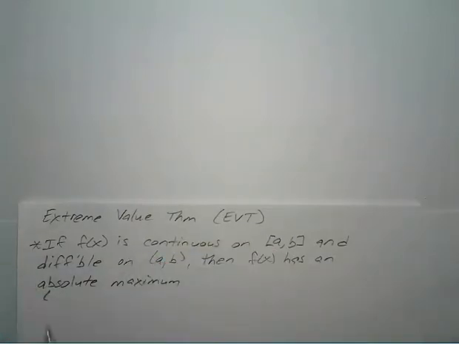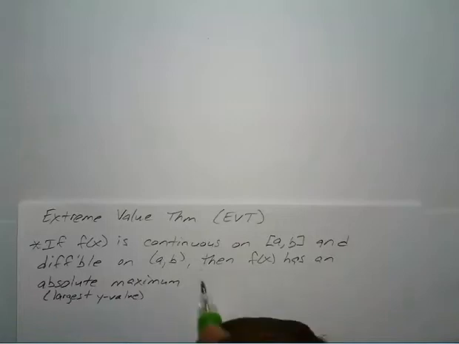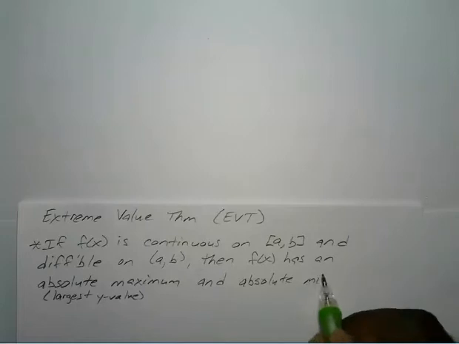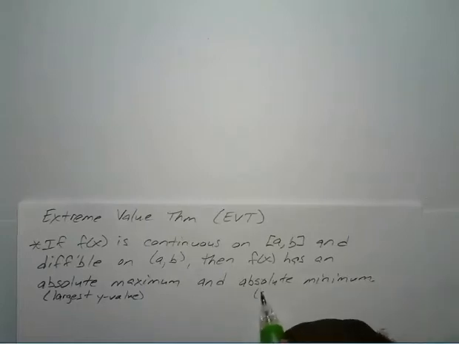So I'll put that underneath there. So it's like your largest y value and absolute minimum, which is the smallest y value.